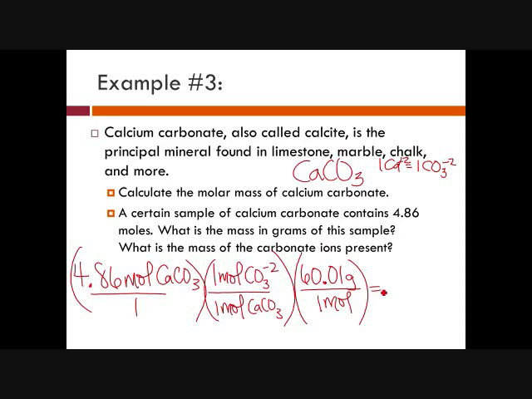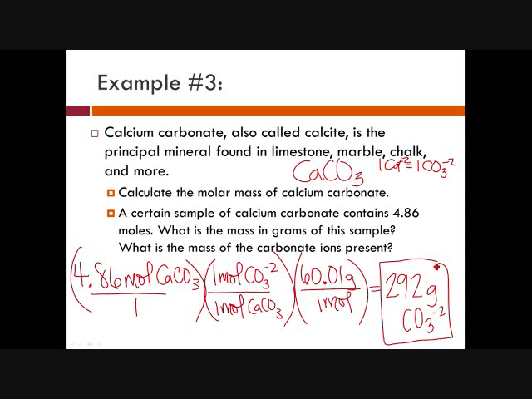Go ahead and round it. 292. So this is just another example of how we could use molar mass. We didn't really get into the ions side of things like this in Chem 1, but hopefully it's pretty self-explanatory. If you need more help, let me know.